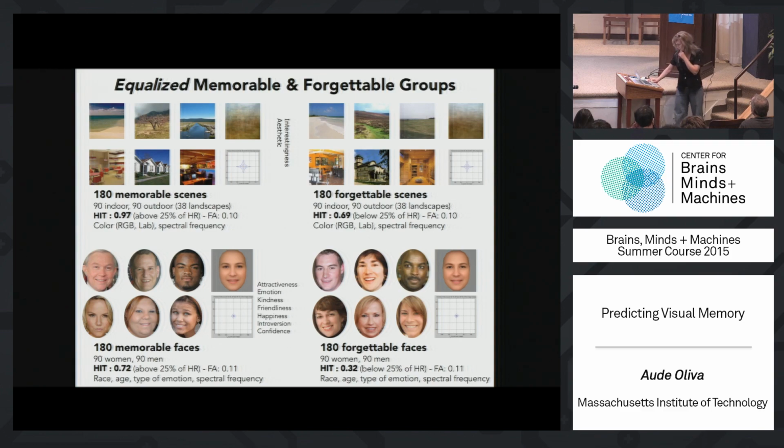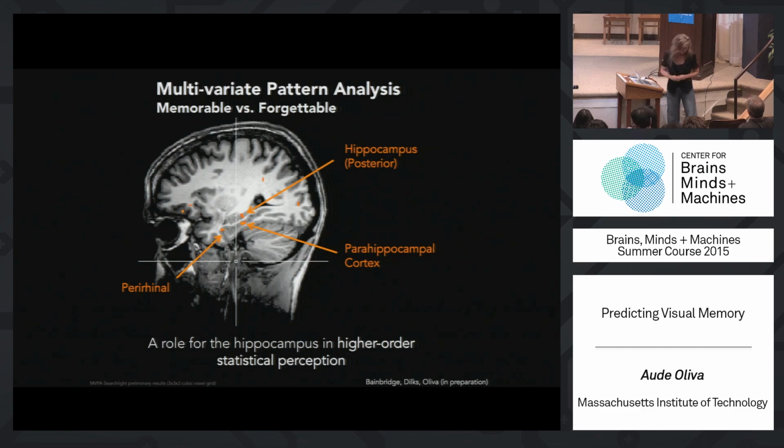So 2 years and 4 studies later, we replicated basically this study 4 times with many different methods, and I'm just going to show you here one snapshot of the result. So this is a multivariate pattern analysis looking at the memorable versus the forgettable groups. Searchlight analysis, MVPA, looking for the regions of the brain that are more active, that have a different pattern.